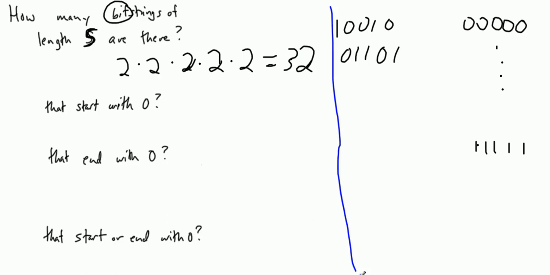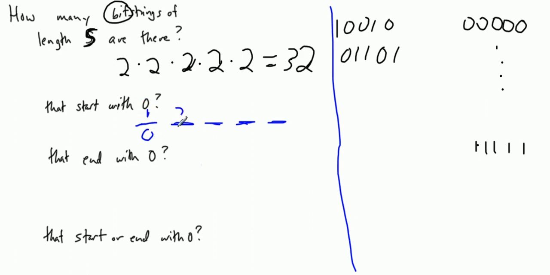Now, let's say we knew that this bit string started with 0. Well, normally, or in the last example, we have 5 different digits to choose. But if we know the first one's already a 0, you don't have any choices there. It's just one choice.